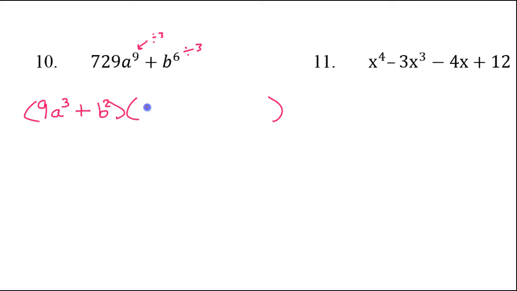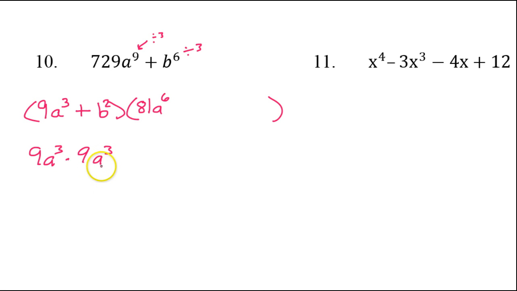So if I square this, that's going to give me, sorry, I meant that's going to give me 81a to the 6th power. We're thinking 9a to the 3rd power times 9a to the 3rd power. 9 times 9, of course, is 81.